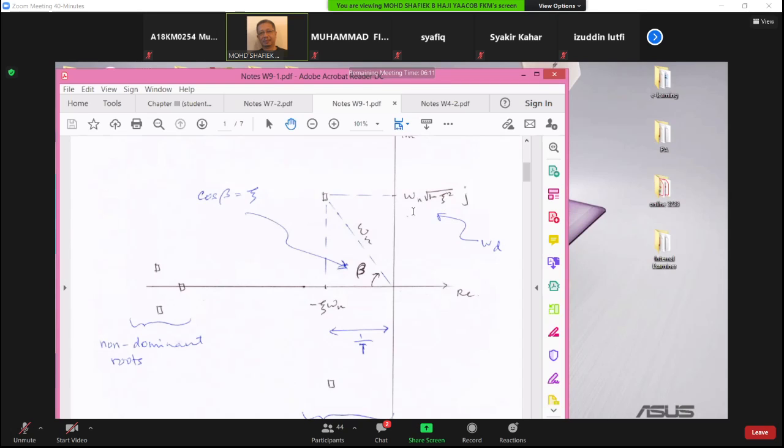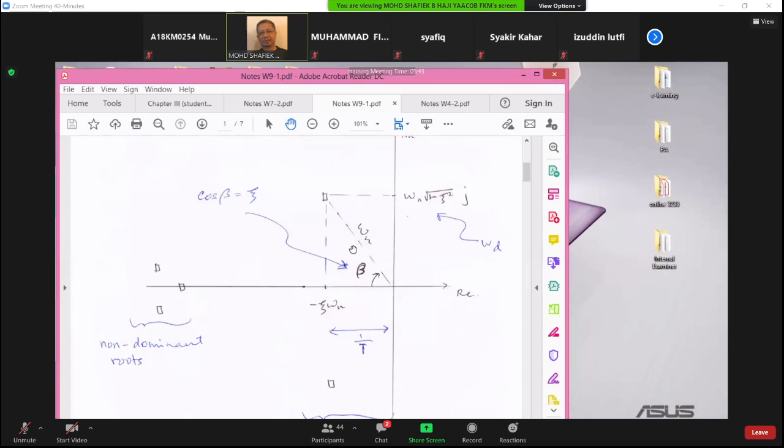And for the distance from the origin to our roots, you can conveniently use the Pythagoras theorem to compute the distance from the origin to the selected root. It's going to be just the natural frequency.